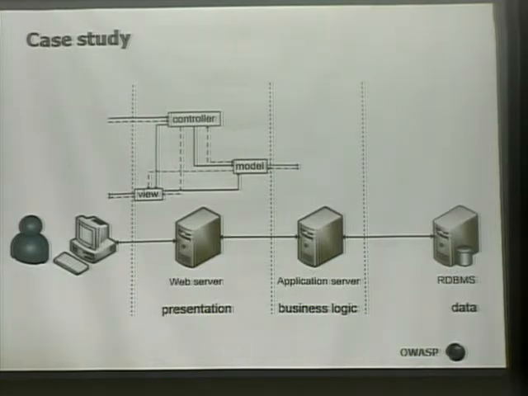So it's a classic Java EE three-tier architecture with a browser connecting to a web server, which runs a Struts MVC, model view controller application, and the model hands off to the business logic on the application server, which in turn connects to a relational database management system.